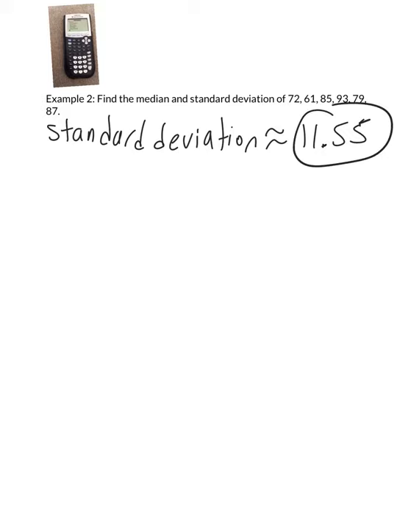And we said the median was equal to 82. I'll tell you what, let's go ahead and just do the median longhand for those of you that prefer doing it longhand. It's not too time consuming to do median longhand anyway.